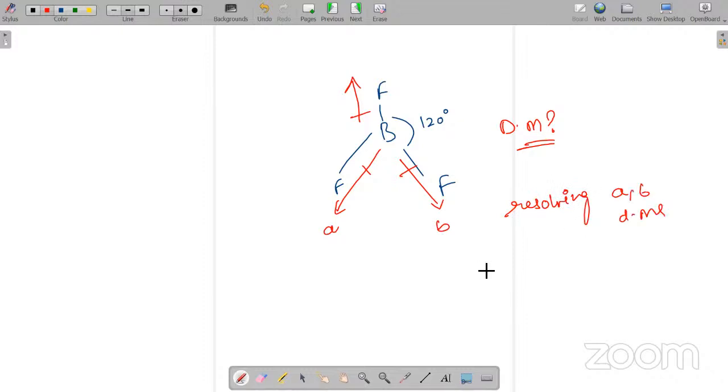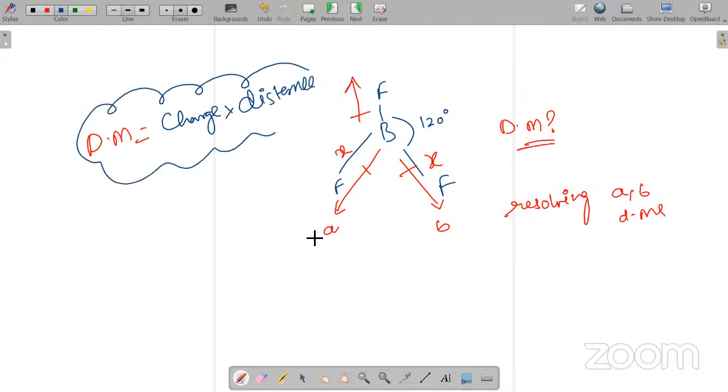Whenever we are resolving, how do you resolve? The distance between them is x and x. The electronegativity also will have some x. Now dipole moment is always calculated as charge into distance of separation between them. Charge, that is the magnitude of charge, into displacement.